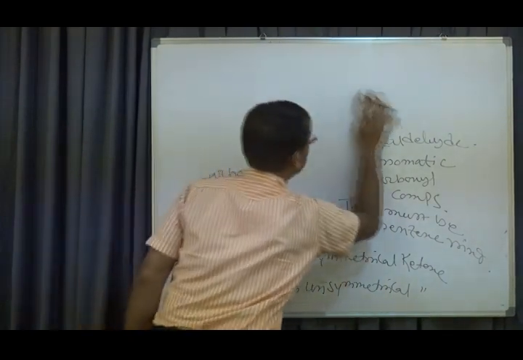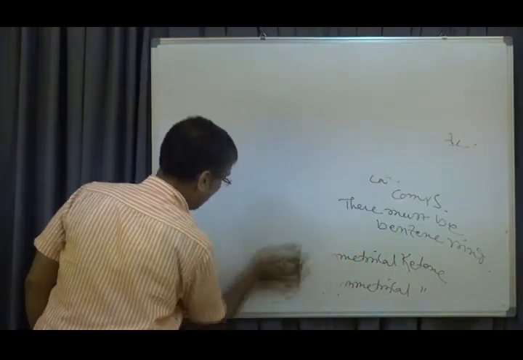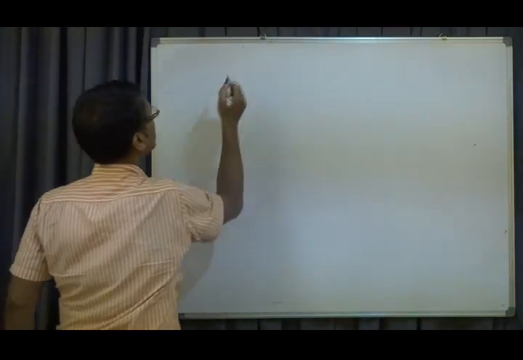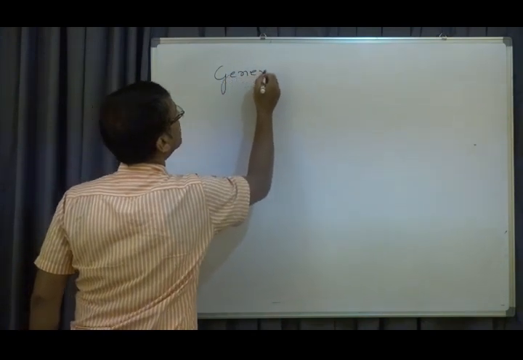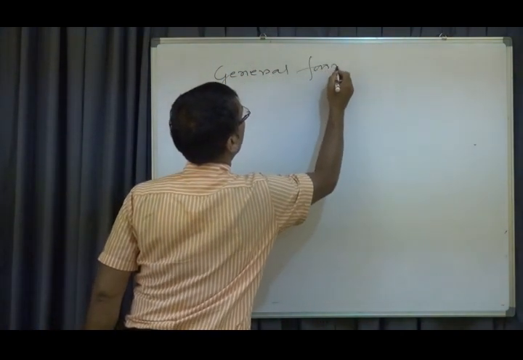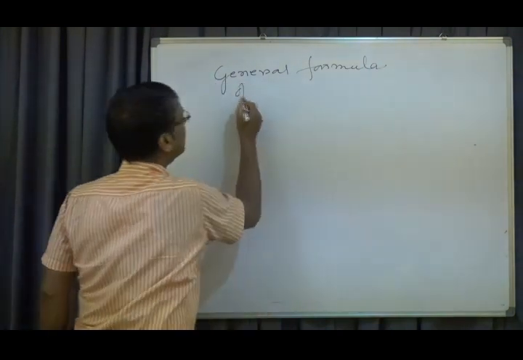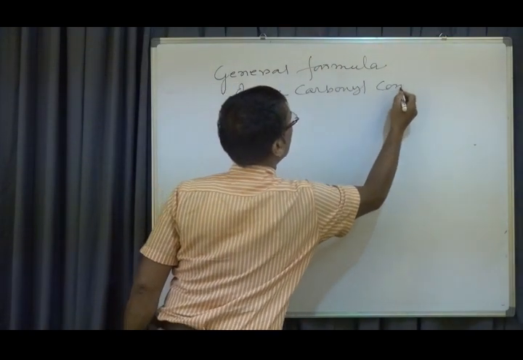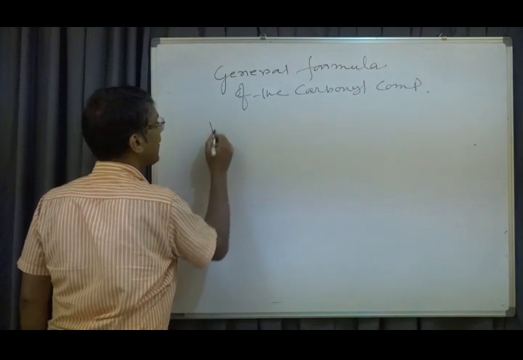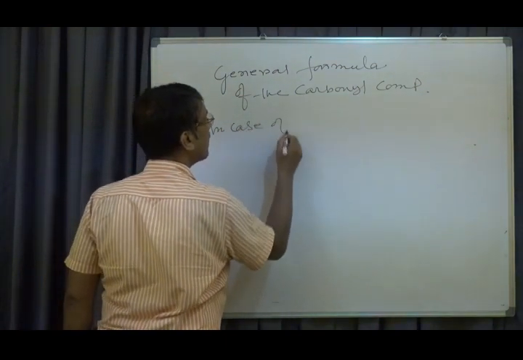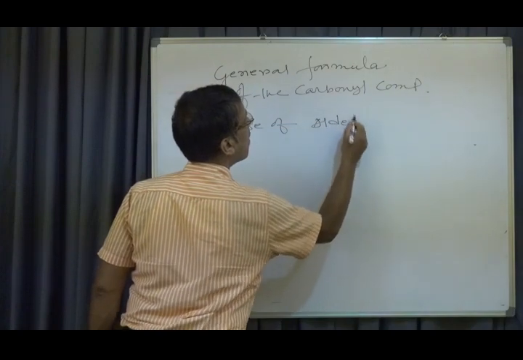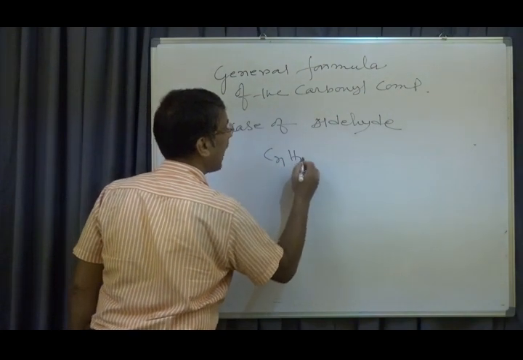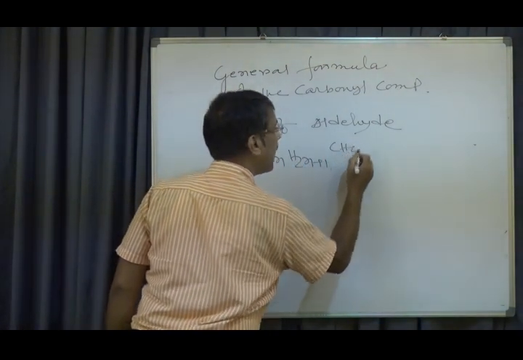Now, the general formula of the carbonyl compound. In case of aldehyde, it is CnH2n+1CHO.